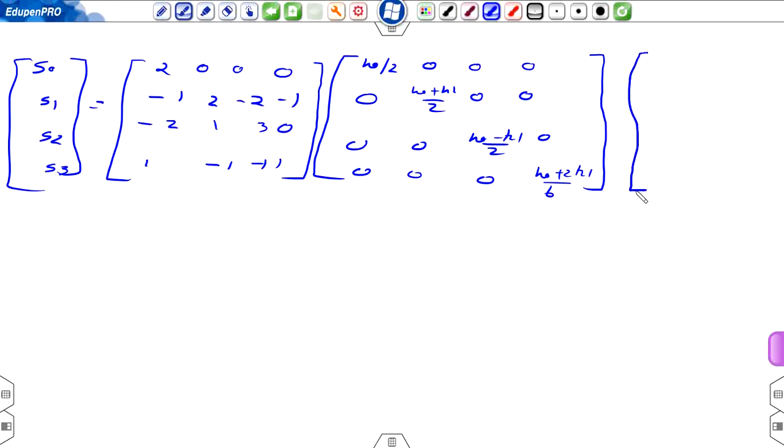Substituting the value of x of beta i, we have x0 plus x1 plus x2, x0 minus x1 plus x2, and x0 plus 2x1 plus 4x2.